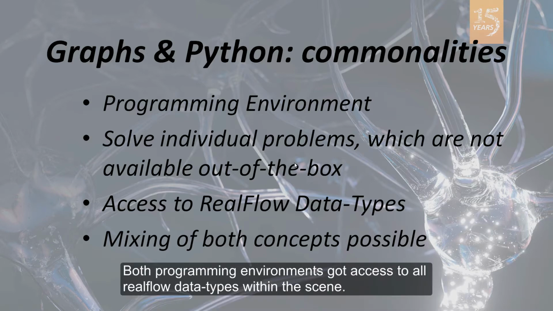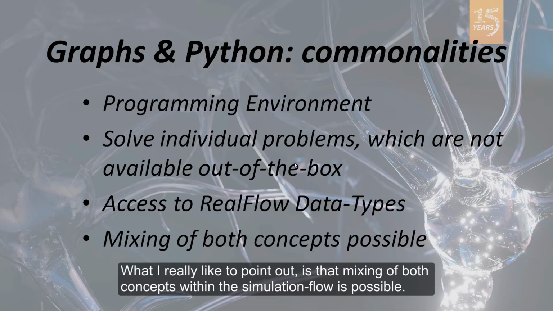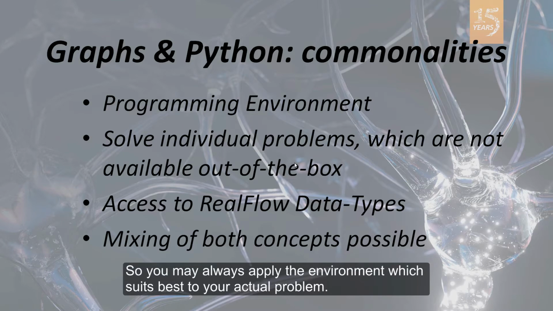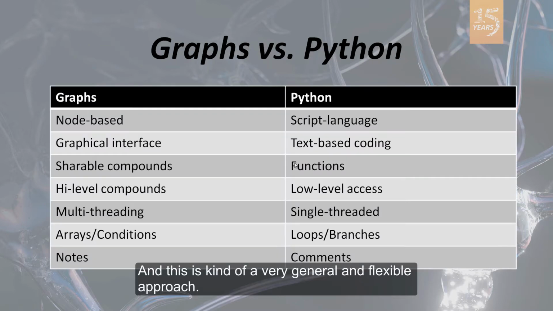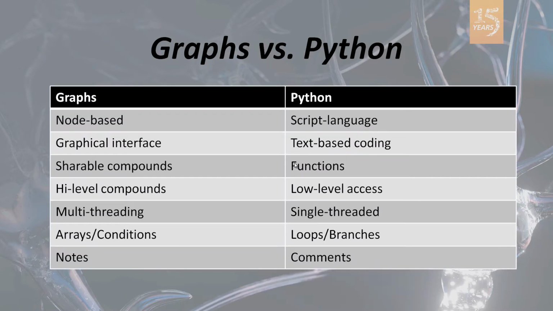Both programming environments get access to all RealFlow data types within the scene, and what I really like to point out is that mixing of both concepts within the graph flow is possible. So you can apply the environment which suits best to your actual problem, and this is a very general approach and adds a lot of flexibility.